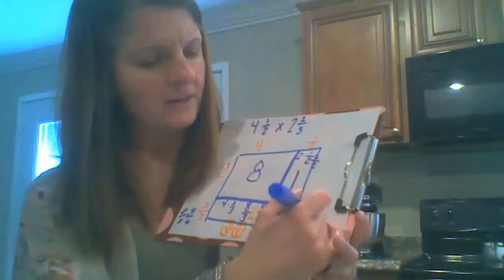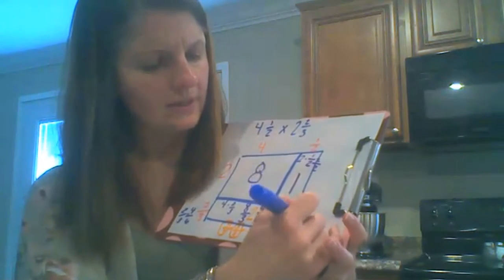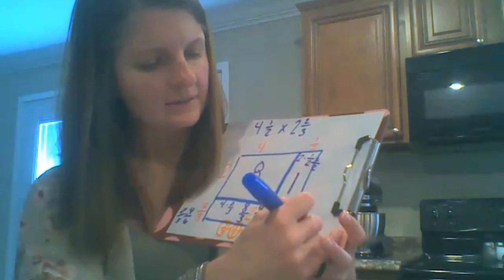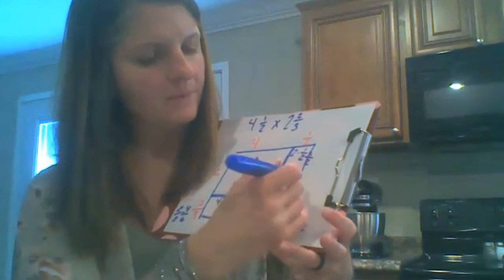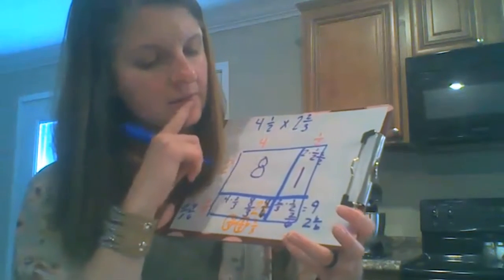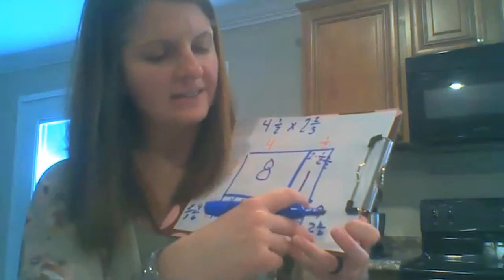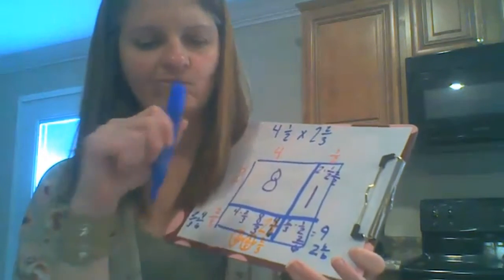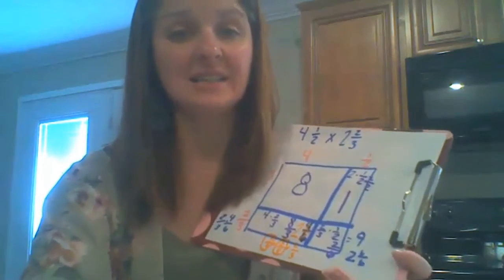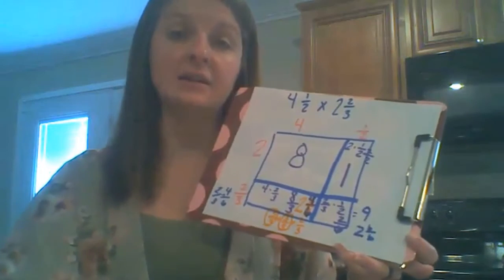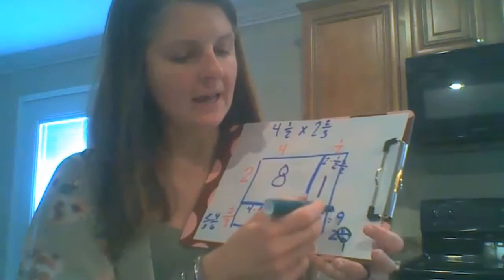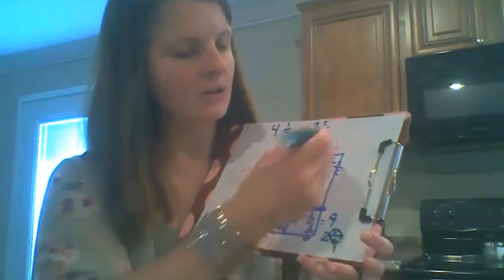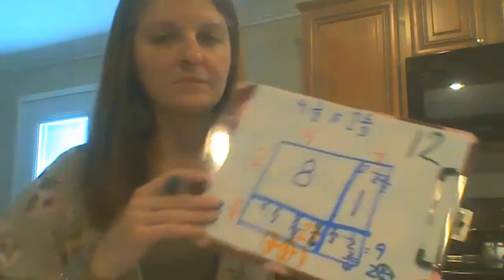So that would be 6/6 down here at the bottom. Up here at the top, 8 plus 1 is 9. So I've got 11 and 6/6. I know that 6/6 is the same thing as a whole, right? So really, I have 9, 10, 11, 12 wholes.